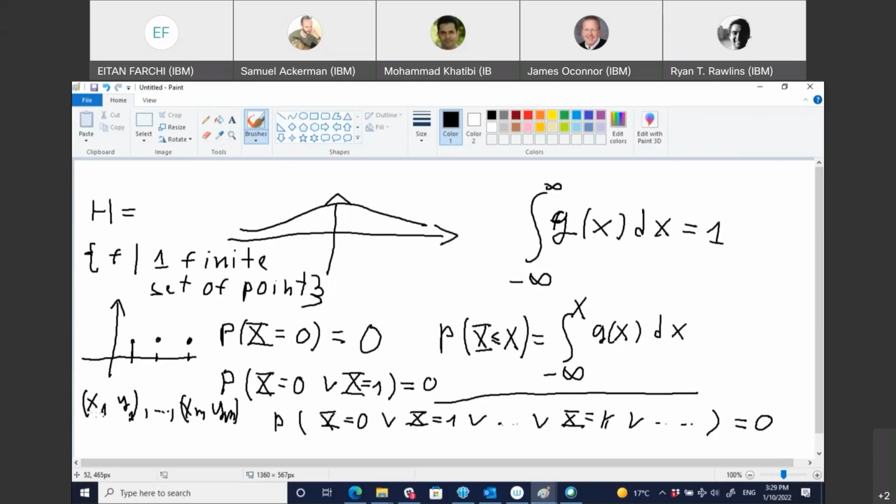Now, x1 is a point that I chose according to the probability G.